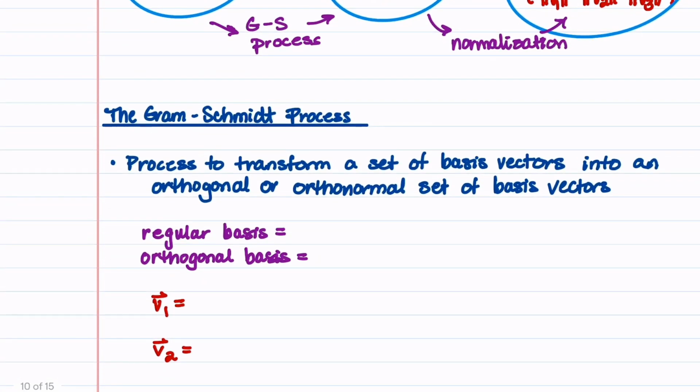Let's now see how the Gram Schmidt process works. We start with a basis that does not contain orthogonal vectors. We'll let that basis contain the vectors u1, u2, and u3. We then want to create an orthogonal basis, which we'll indicate by vectors v1, v2, and v3.